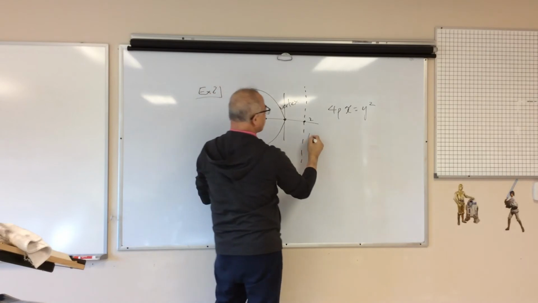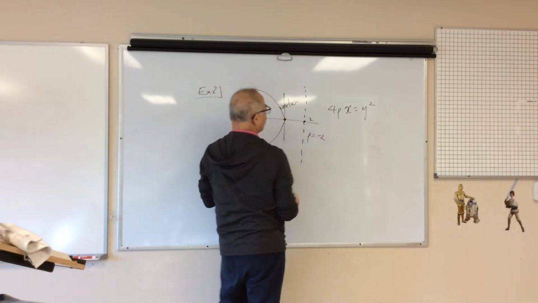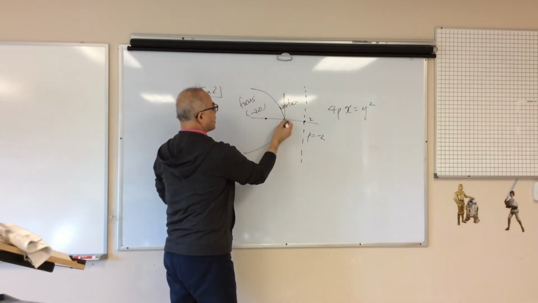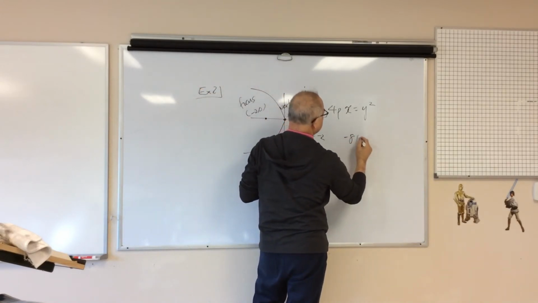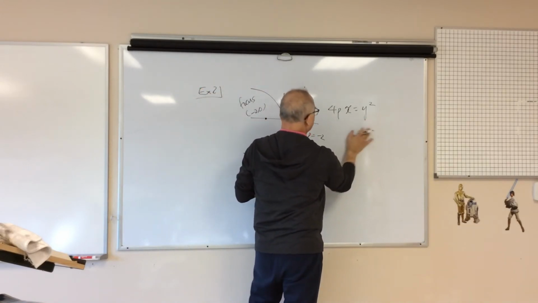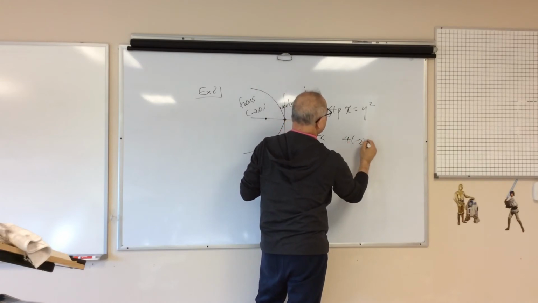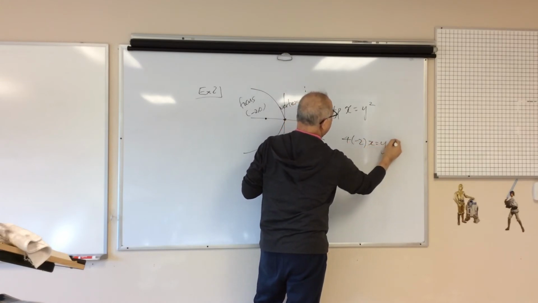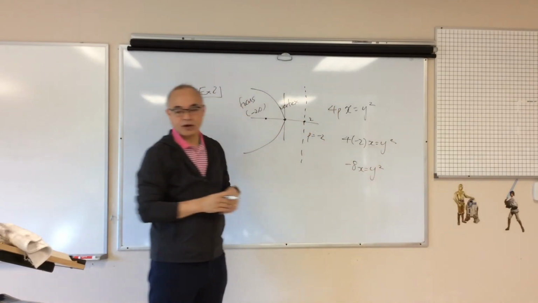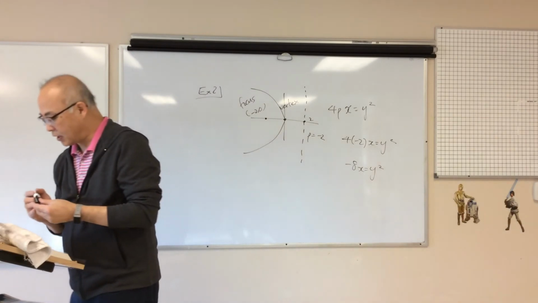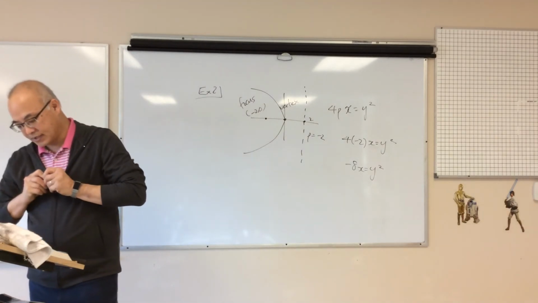And p here is going to be equal to what? Actually, it's going to be -2, right? Because from here to here is 2. So this is 4 times -2 x is equal to y squared. So -8x is equal to y squared. That is going to be your answer.